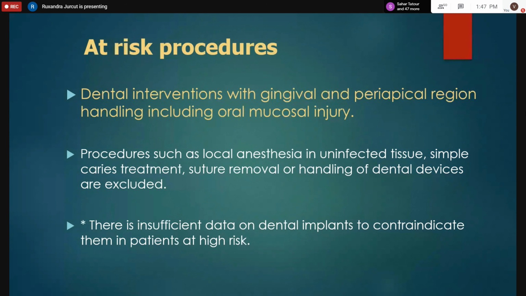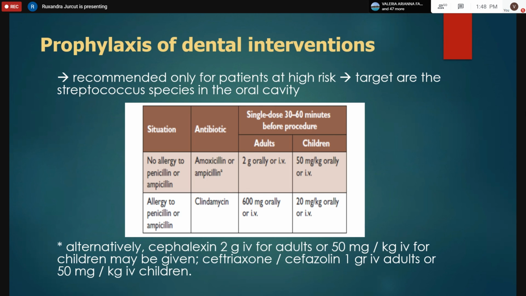But if the dentist makes a dental extraction, and there is no antibiotic, as you will see, and the patient is a high-risk patient, there is high risk for endocarditis.